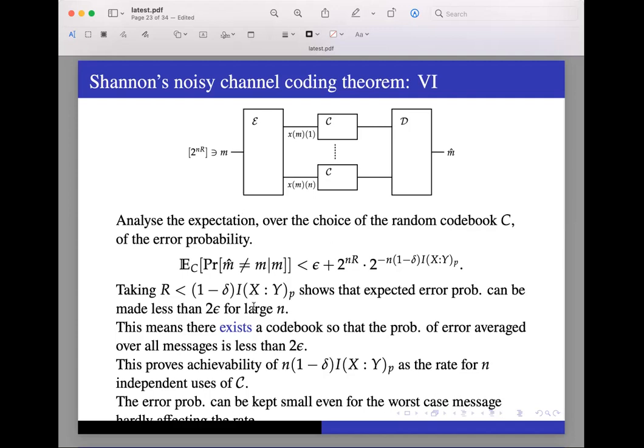You lose a little bit on the rate, but now you can ensure that the worst case error is less than 4 epsilon or something like that. Asymptotically, the rate still looks like N times the mutual information times the fudge of 1 minus delta. Any questions about that? So we have done the achievability. Any questions?